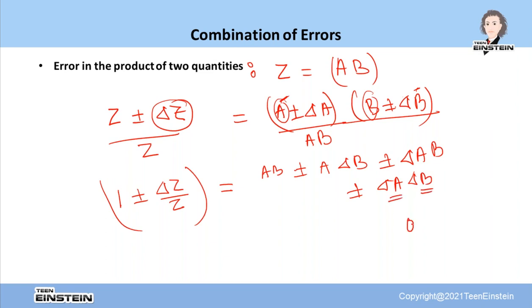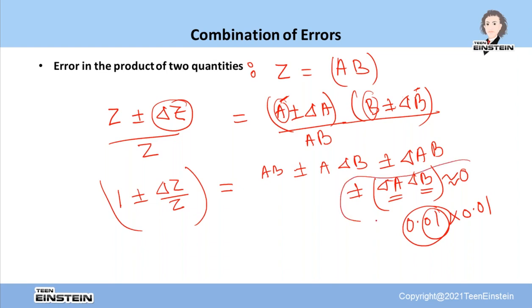These are errors, and errors are very, very small, you have seen, right? 0.01 etc. So when you multiply two such quantities it will be even smaller. That's why this small quantity I can neglect, taking it to be 0.